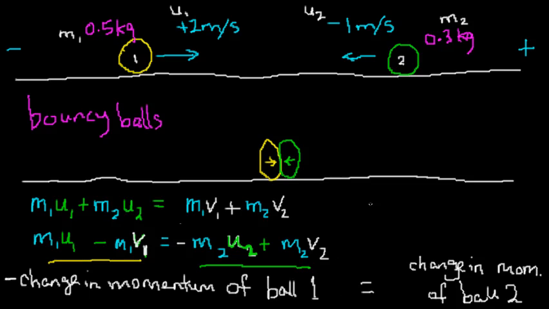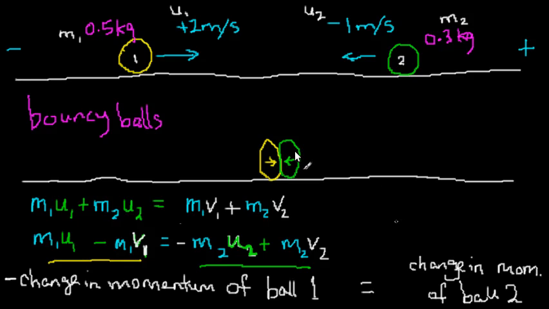So let's try and understand why the change in momentum of each ball has to be the same. So coming back to this picture where the two balls were in contact.